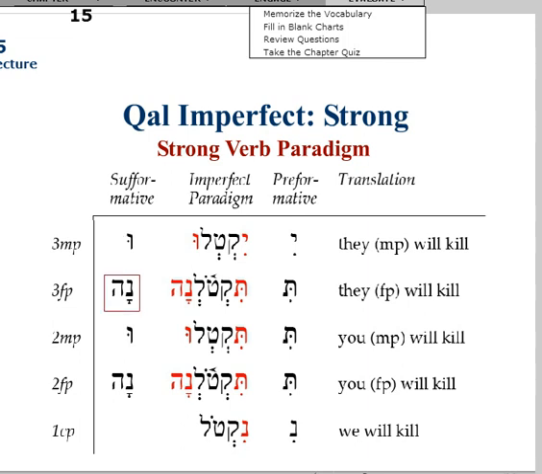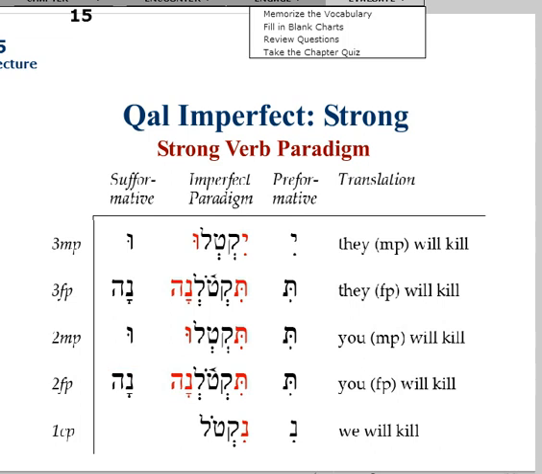The third feminine plural has a sufformative consisting of na. The second masculine plural imperfect form has a sufformative consisting of shurik, and the second feminine plural, like the third feminine plural, has a sufformative consisting of na.